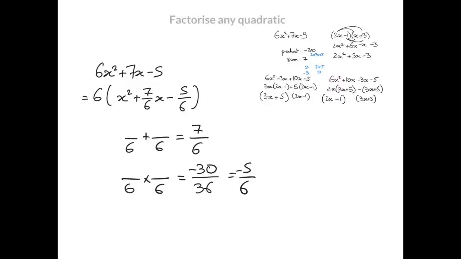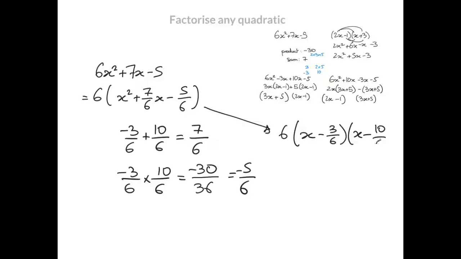So the two numbers we're looking for, just like we found out in the previous example, are minus 3 and 10. So now we can factorize the quadratic we have here. We have 6, and the quadratic we had in the brackets now factorizes to x minus 3/6 and x minus 10/6.